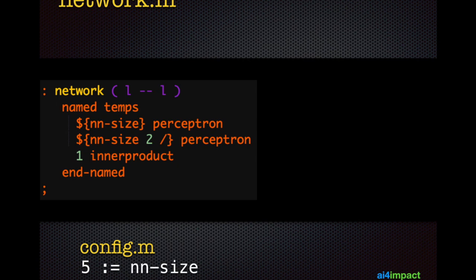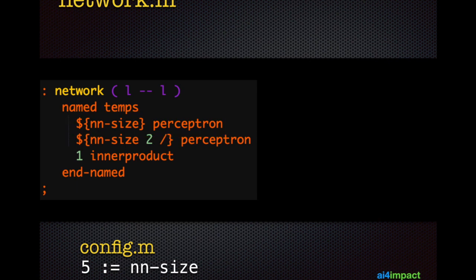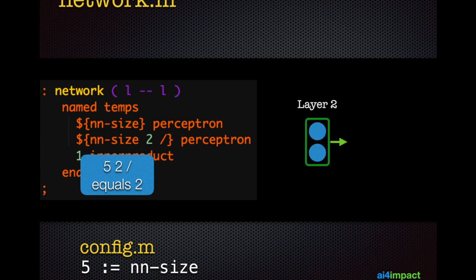If we set NN size as 5, then the first layer has a size of 5 because it would be 5 perceptrons. And the second layer would be 2 because 5 divided by 2 is 2 with integer division. And that's layer 2.